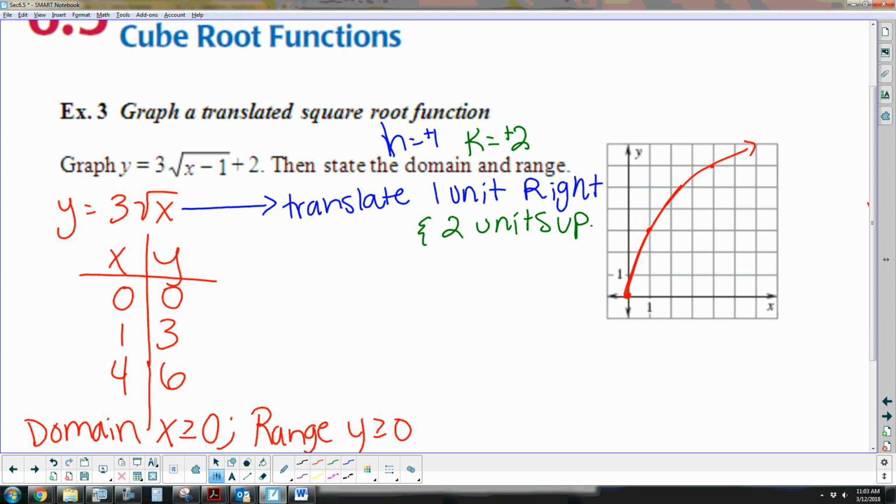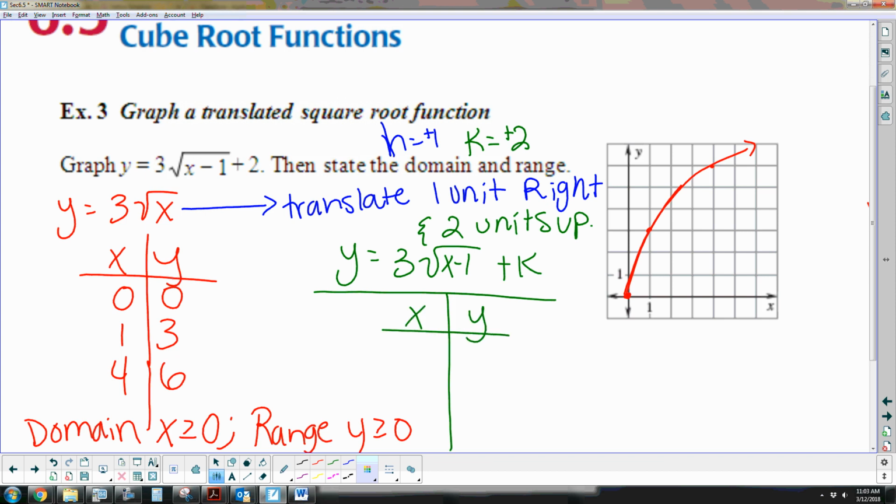So our graph looks like this. Now we're going to translate that 1 unit to the right and 2 units up, to get 3 times the square root of x minus 1 plus 2. Our graph is going to look a little bit different.